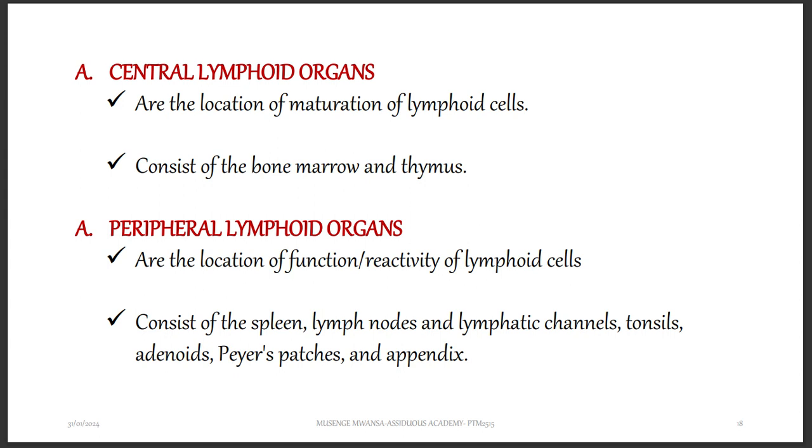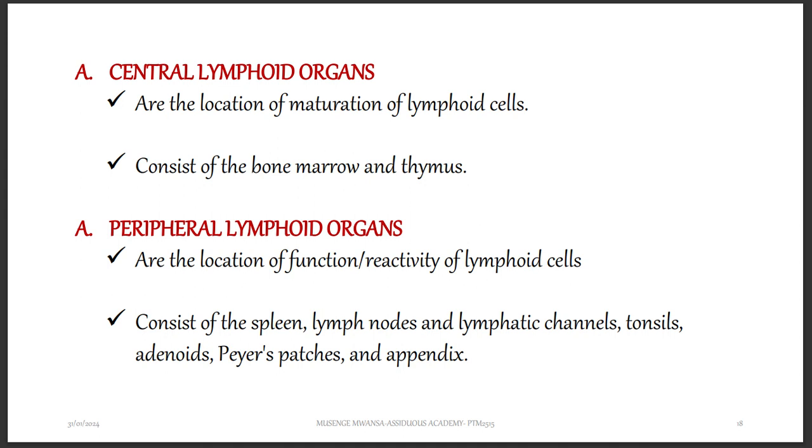Their aim is just to get those cells which have been made in the bone marrow and matured in either the bone marrow or the thymus. They get those cells, and then for those cells to start performing their function, they are supposed to be in the peripheral lymphoid organs. Okay, that's the only way they can perform their function.